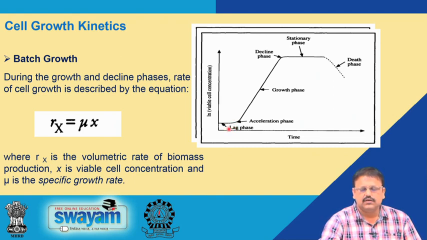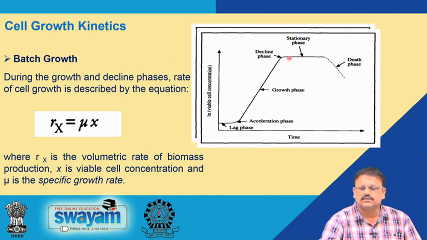Then it starts as an acceleration phase, when the mu value will be positive. After that comes the growth phase, the most balanced phase, when the microbes are growing very rapidly. After that growth phase comes a decline phase, when probably the substrate availability is reducing, so the deceleration or decline phase is observed.